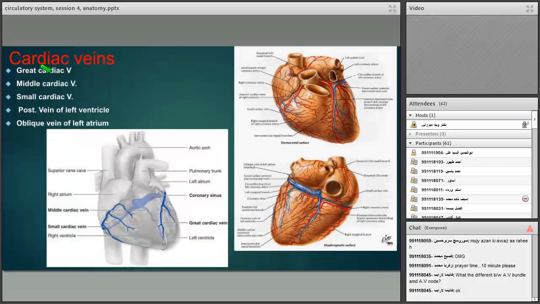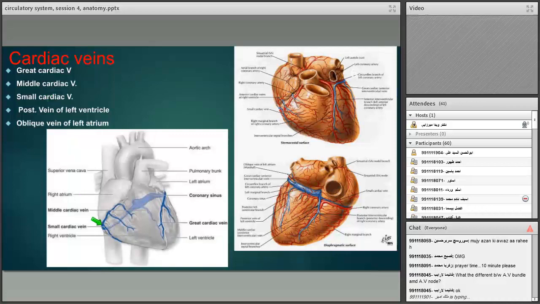The next branch is the middle cardiac vein. The middle cardiac vein is placed on the posterior interventricular sulcus, on the diaphragmatic surface of the heart, and is placed beside the posterior interventricular branch or PAB. Okay? The next branch is the small cardiac vein.